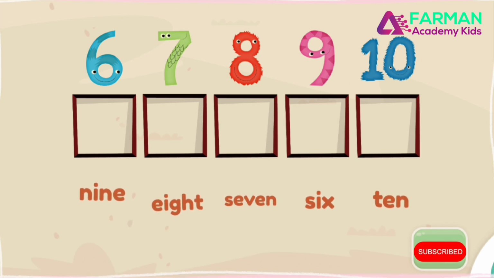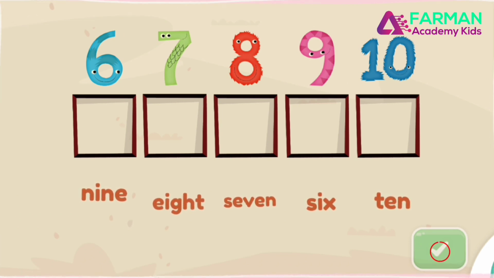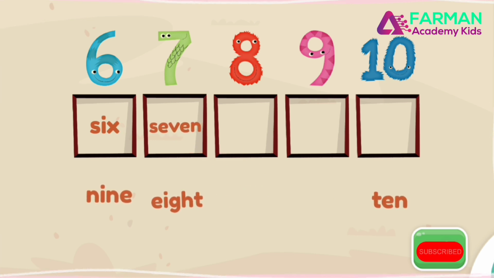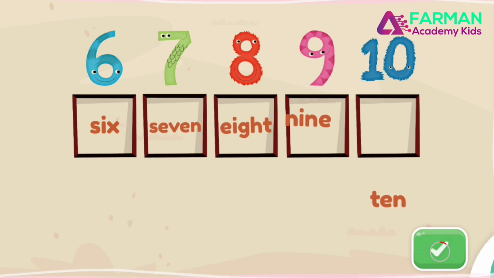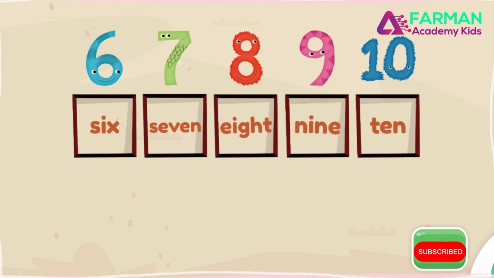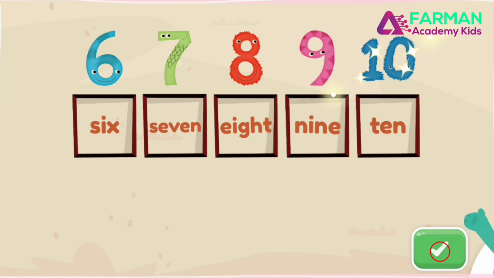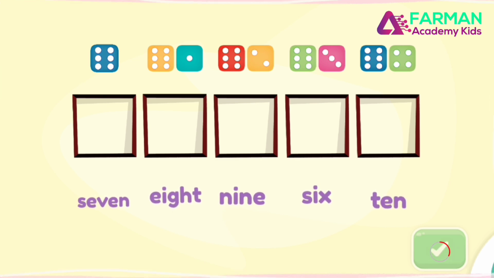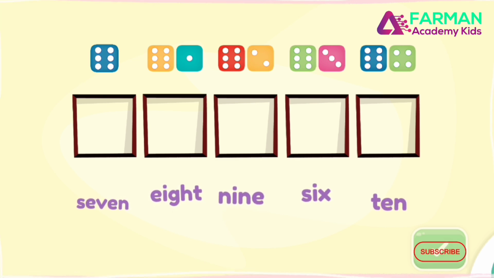Drag the words to the box below the matching number. You match the words with the numbers. Drag the words to the box below the matching dice.